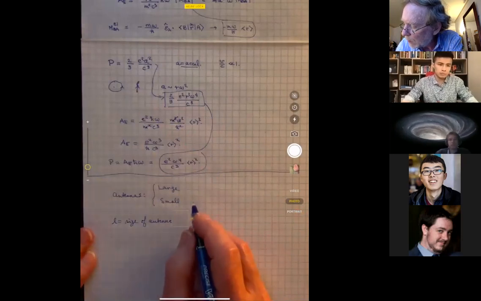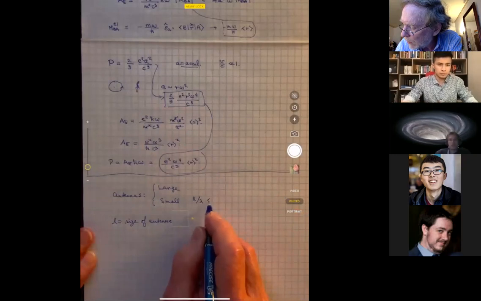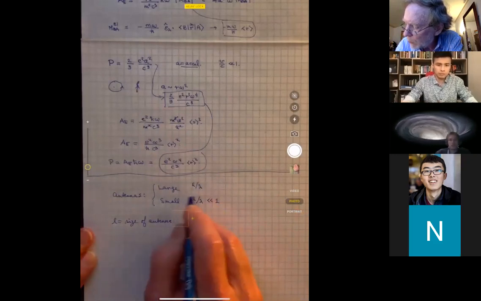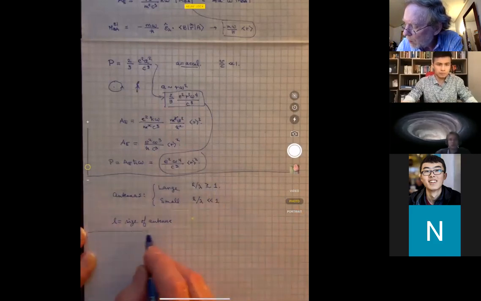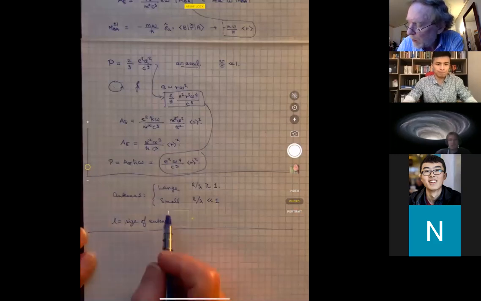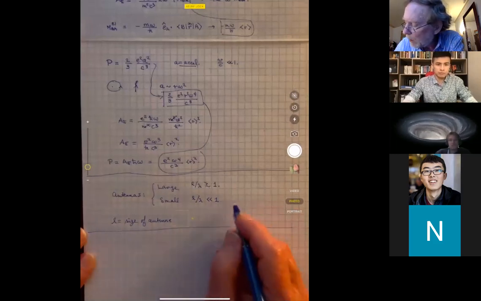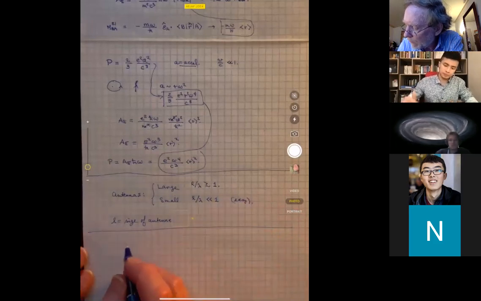A small antenna is one for which the size of the antenna divided by the wavelength is much less than 1, and a large antenna is where this dimensionless ratio is comparable to or greater than 1. This is kind of the world of antenna theory, these two cases. The small ratio, L over lambda much less than 1, is the easy case, and that's the one I'm going to talk about tonight. Let's look at this easy case.